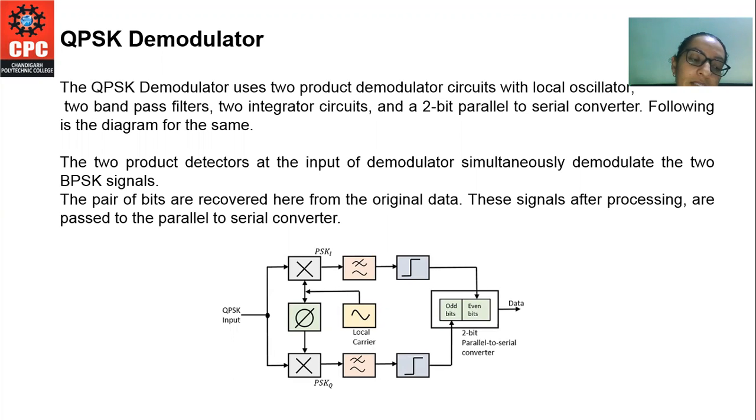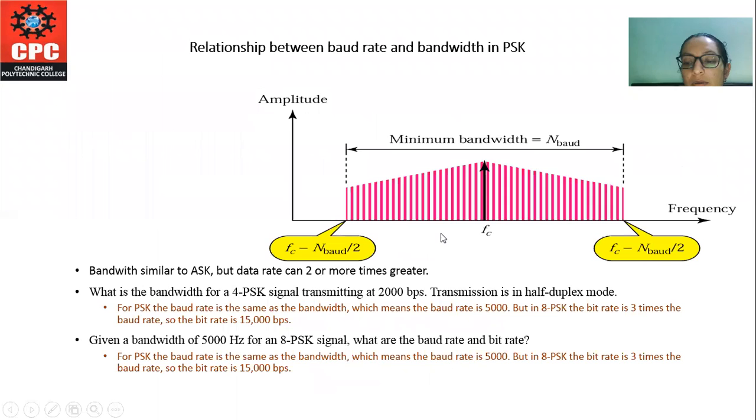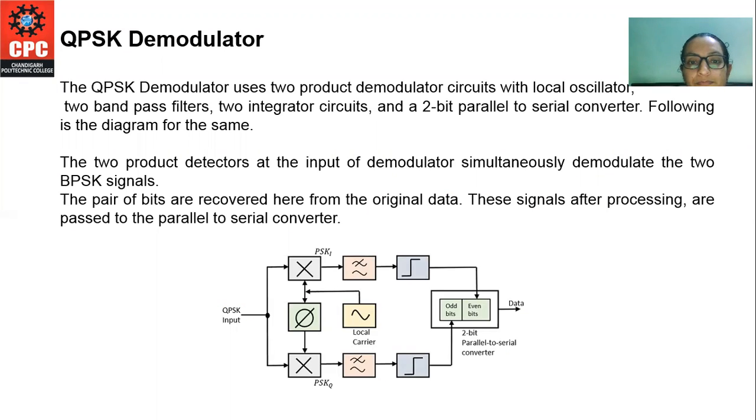Then finally, it reconstructs the binary data form. It is also able to remove the noise and produces data identical to the original one with which the QPSK was transmitted.